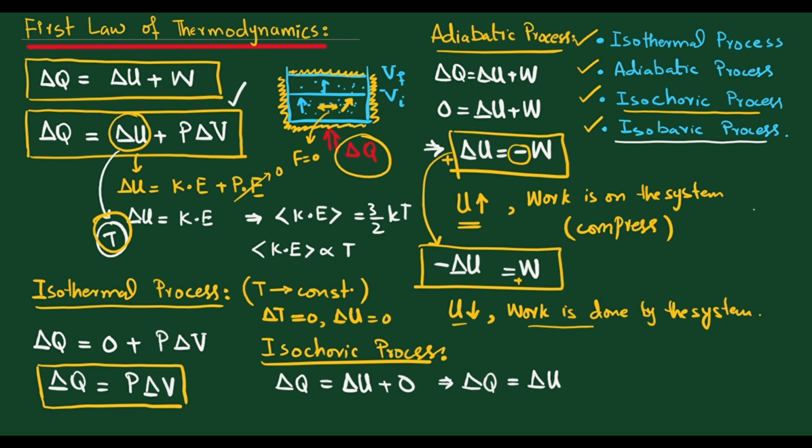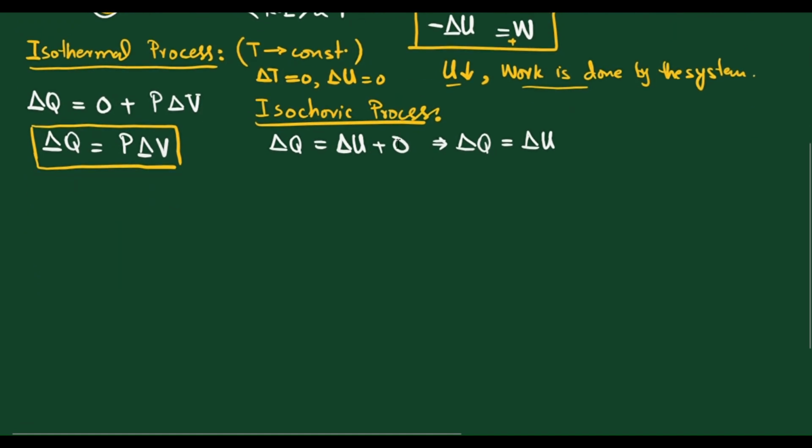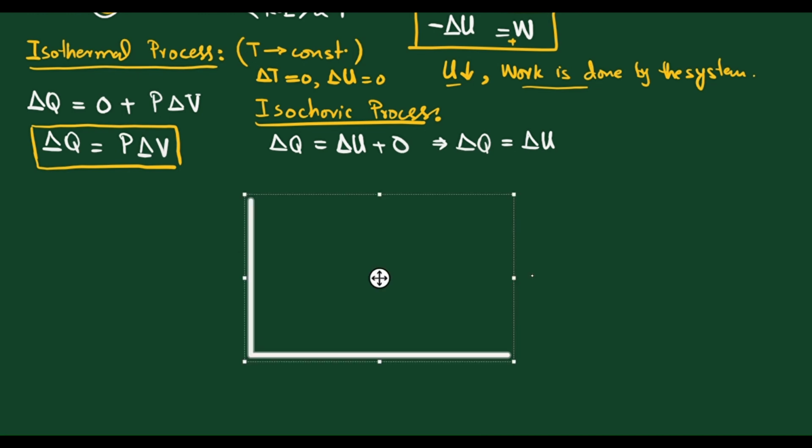Now if we draw the graph, the PV curve, for these four processes, let's say the x-axis is volume and the y-axis is pressure.